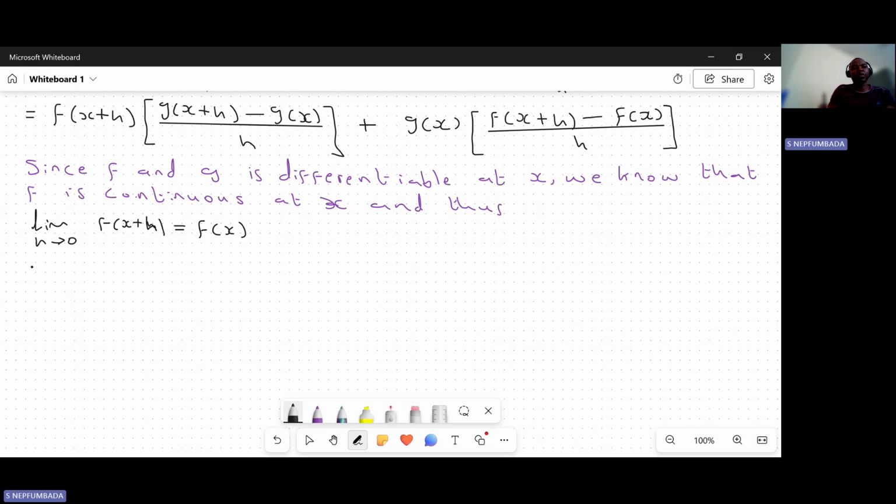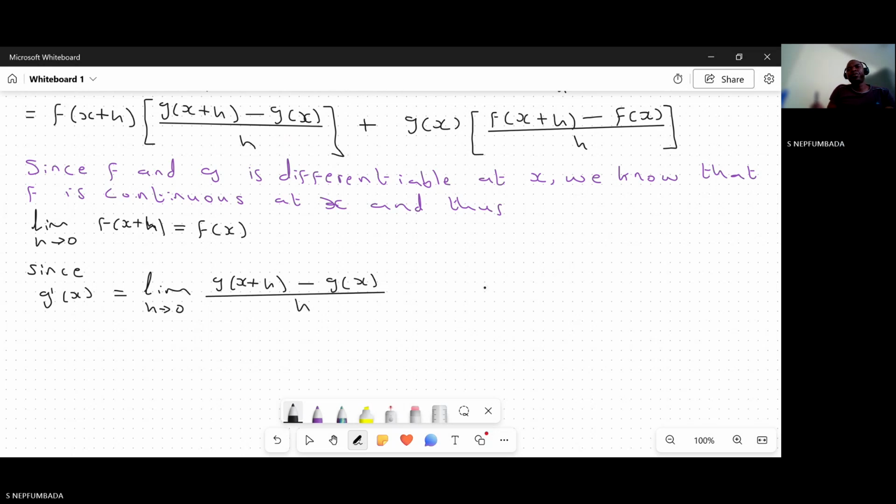Since we know that g prime at x is nothing but equal to the limit as h approaches 0 of g at x plus h, remember, same as the first principle, minus g at x, all divided by h.